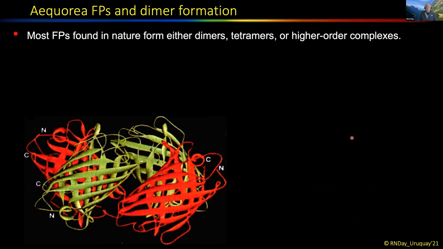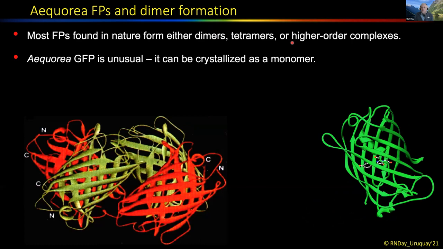Now, most of the fluorescent proteins that are found in nature are either obligate dimers, tetramers, or higher order complexes. This is simply the way that these fluorescent proteins form in nature. The Aequorea GFP was unusual in that it actually could be crystallized as a monomer. And this is a good trait.